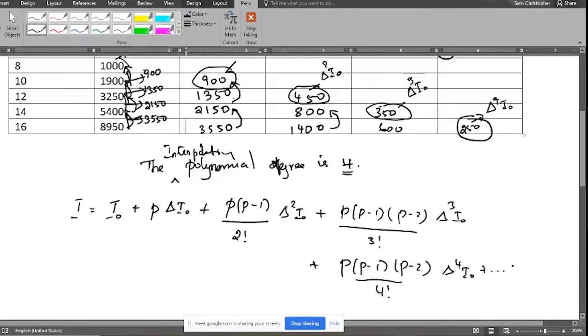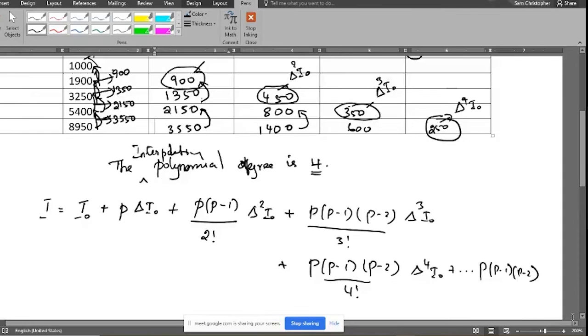We can extend the formula. P into P minus 1, P minus 2, and so on, up to P minus n minus 1, where n is the degree of the interpolating polynomial, divided by n factorial into del power n I naught.